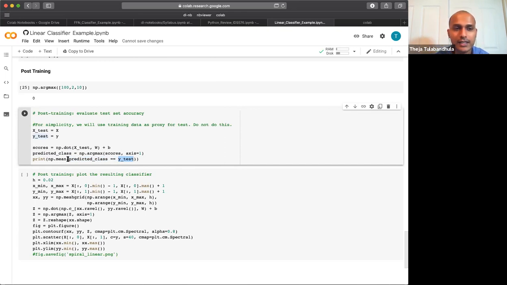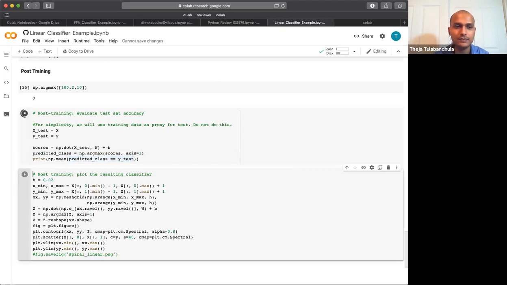And so this equality is saying what is the number of locations where the true class matches the predicted class. And you're just looking at the mean value. It's just a shortcut, a numpy function to get the mean value of this intermediate vector here. So let me execute that.